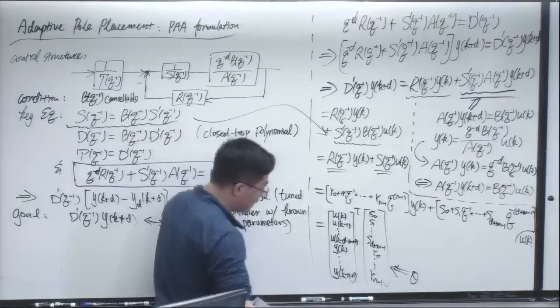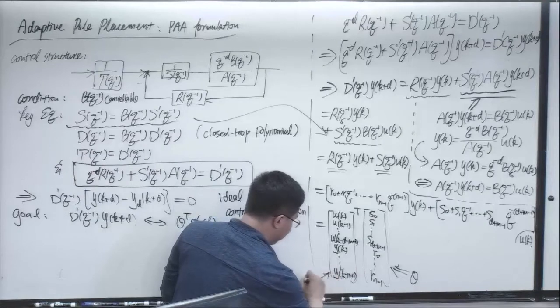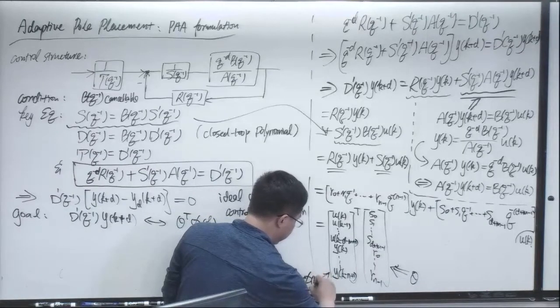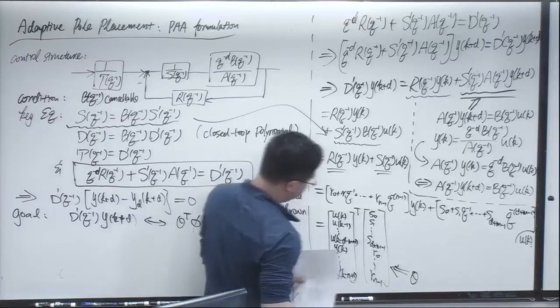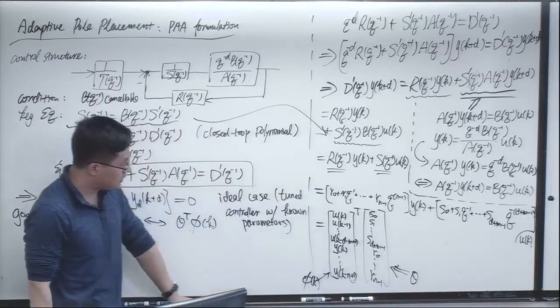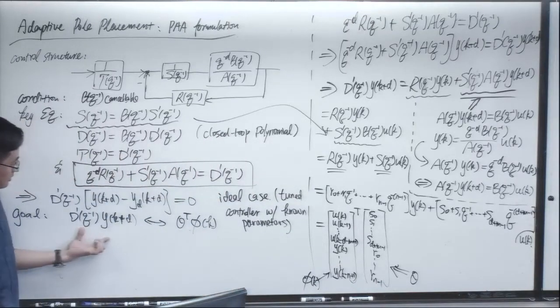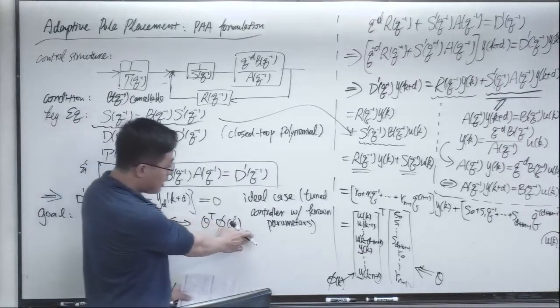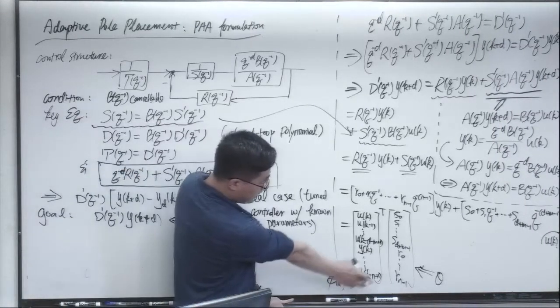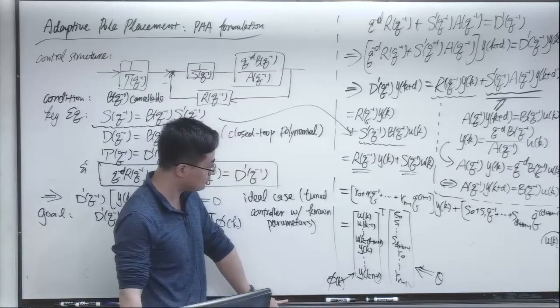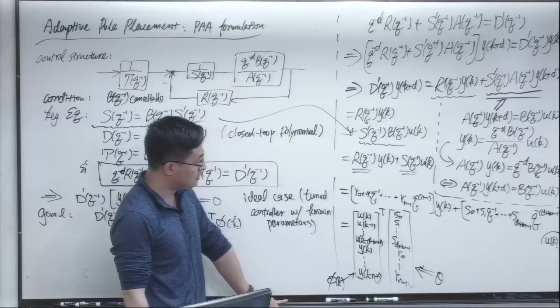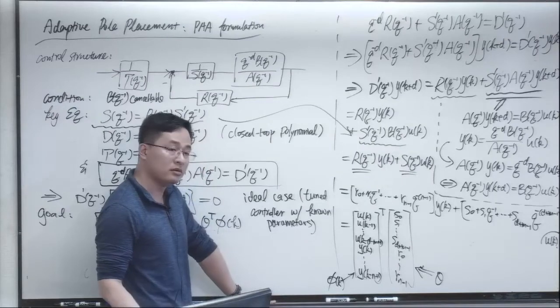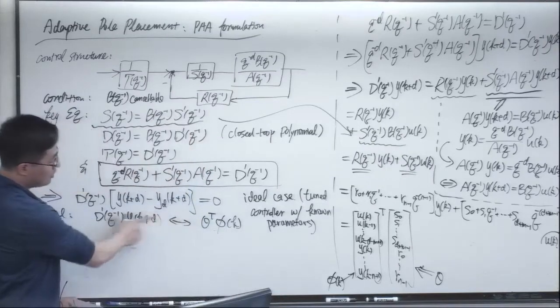And this would be our regressor vector phi K. So indeed, we can write this term as a product between a regressor vector and the theta vector. So this would be our model of the adaptation process.